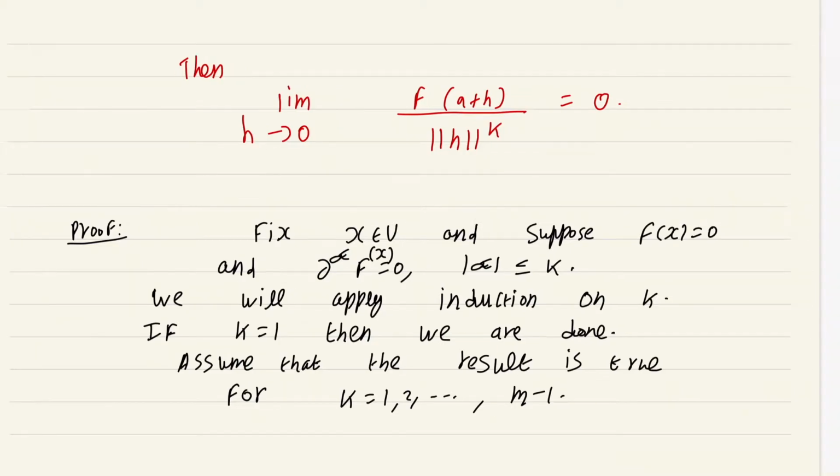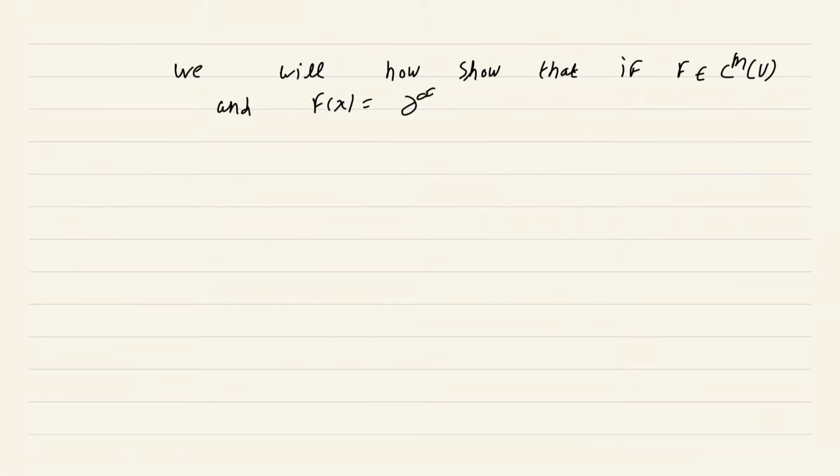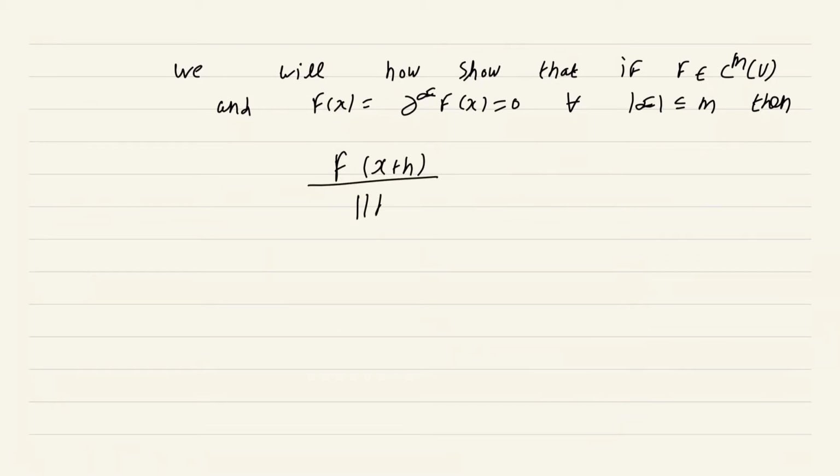Okay, we will now show that if f is C^m smooth and f of x equals del alpha f at x equals 0 for all mod alpha less than or equal to m, then the limit of f of x plus h by norm h to the power m is equal to 0.